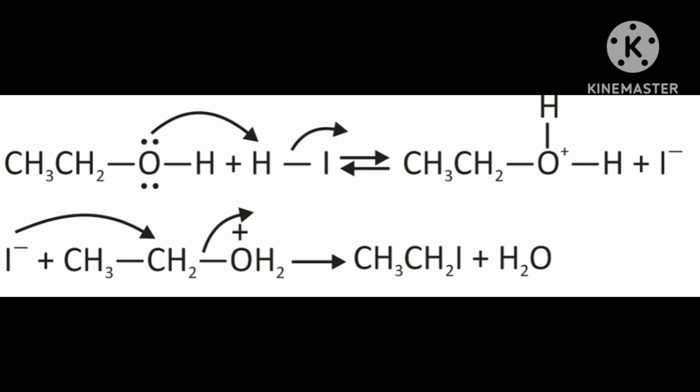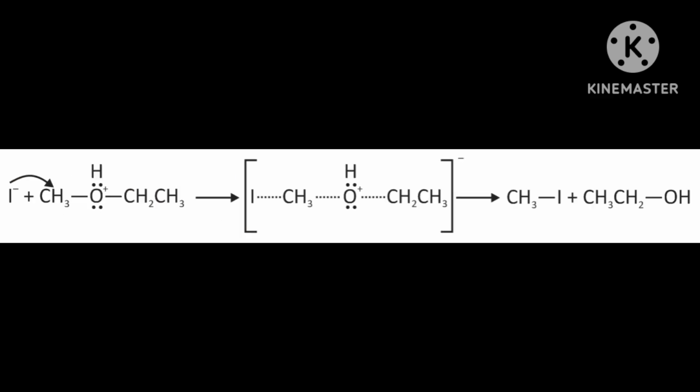And the remaining portion of the oxonium will form ethyl alcohol, CH3CH2OH. The OH bond was there, but at that time O had a positive charge. Now it got one pair of electrons, so the positive charge will neutralize.